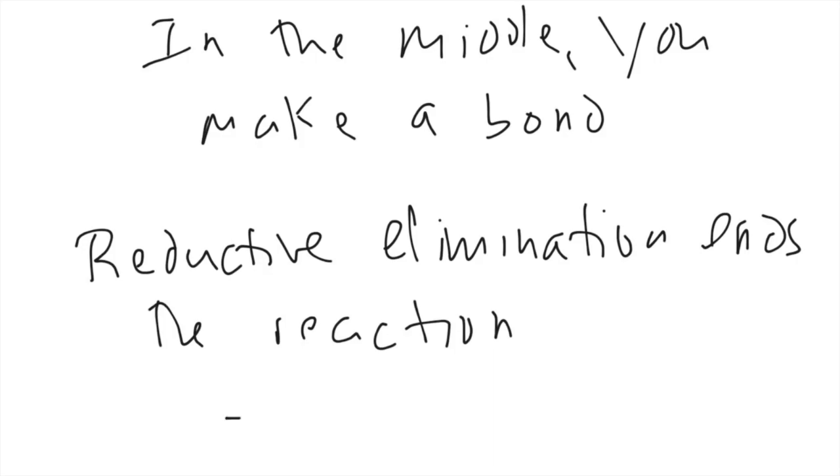So this gets you from palladium +2 back to palladium 0. So this is the last step. You'll make your bond here, or you've made your bond a step earlier. So you go from palladium 0 to palladium 2. Let me go back for a second.